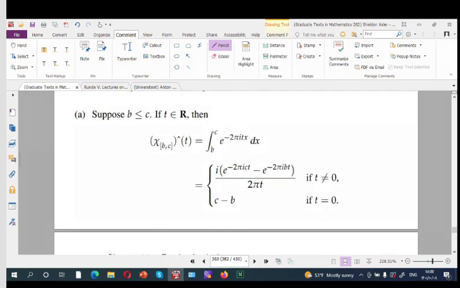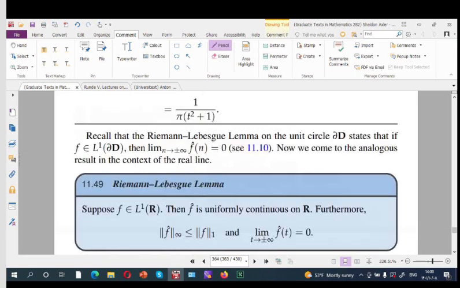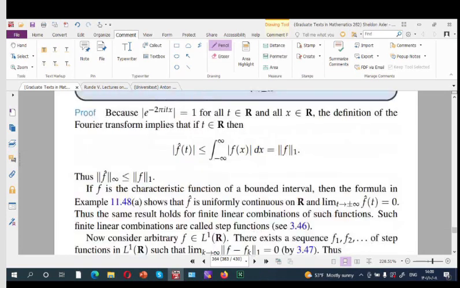The Fourier transform of this equals this. This example shows that f hat is uniformly continuous on R and this limit equals 0.